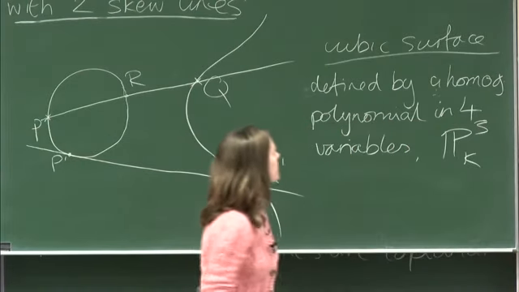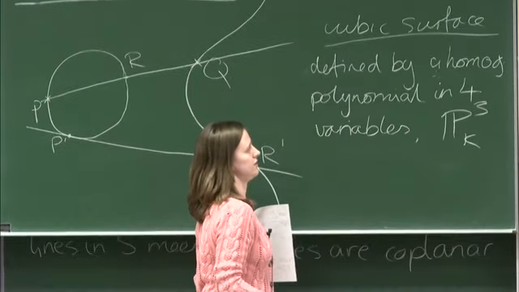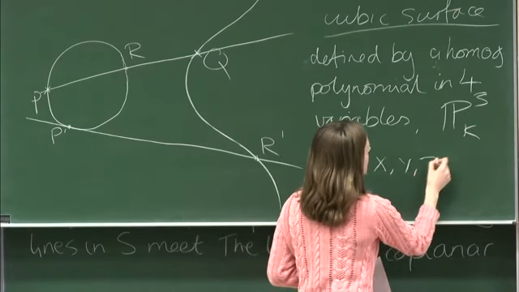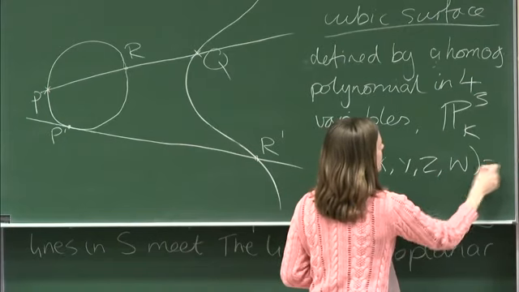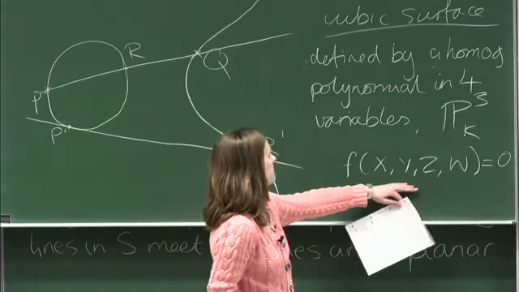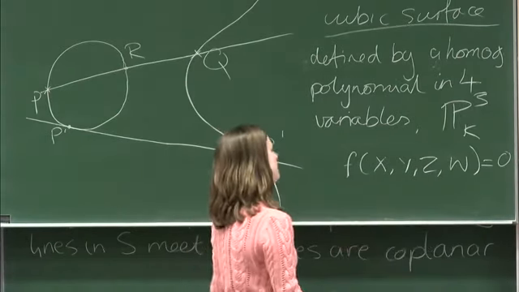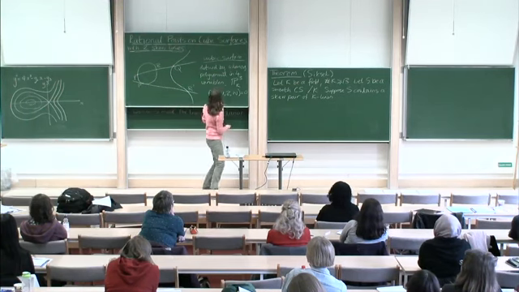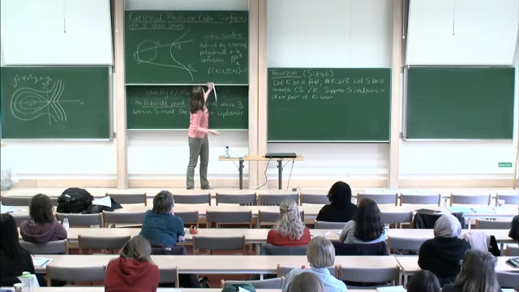If you're not familiar with projective space, you can think of it as adding points at infinity that make things nice. You would take a cubic polynomial in x, y, and z in normal 3-dimensional space, and by homogenizing it in W, you've added some points at infinity that just make your life easier. So that's what a cubic surface is.